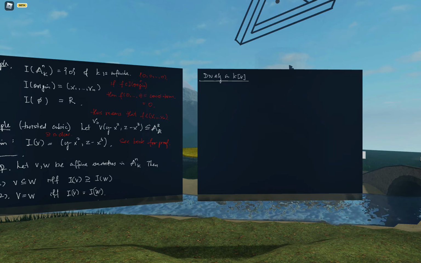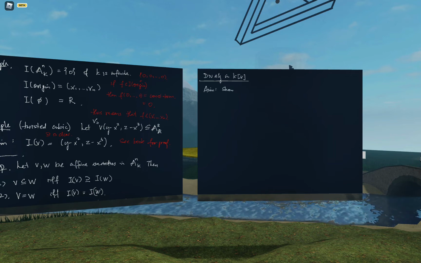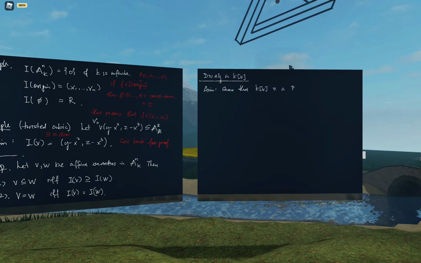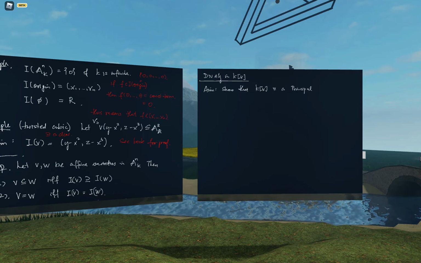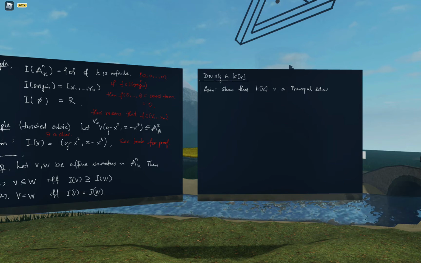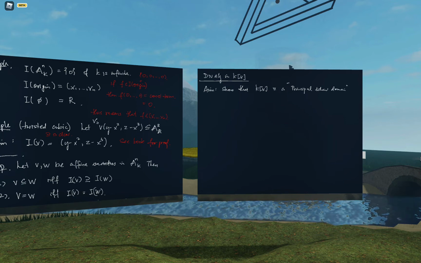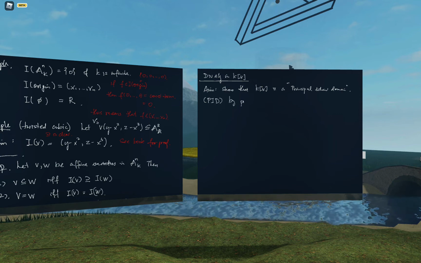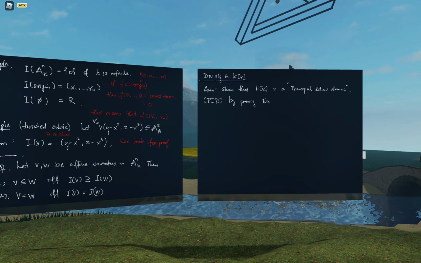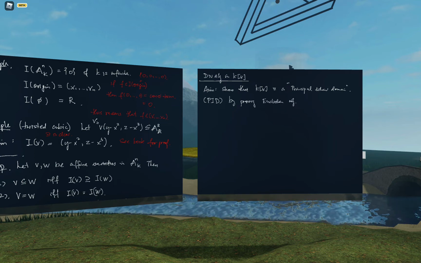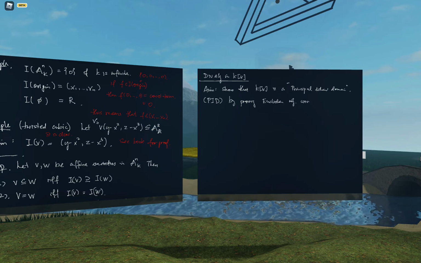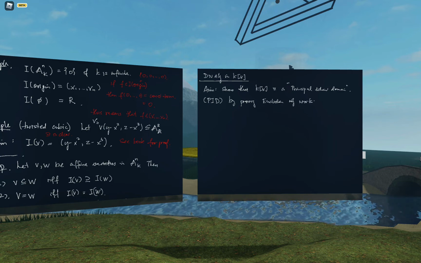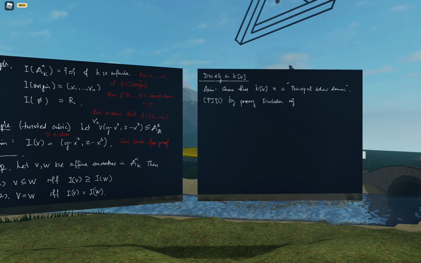The aim here is to show that k[x] is a principal ideal domain, I'll say what this is, in quotes, PID for short, by proving the Euclidean algorithm works for polynomials. You may have seen this before for integers. It works for polynomials.